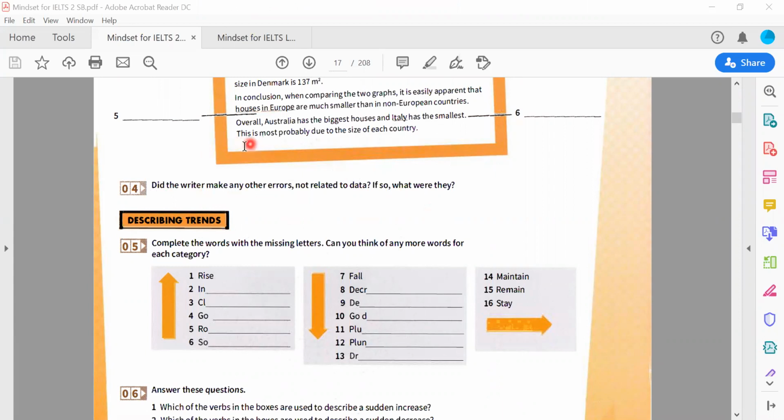The writer says that this is most probably due to the size of each country. Why do you think this is wrong? The writer shouldn't have written this. Does anyone know why this one is wrong?